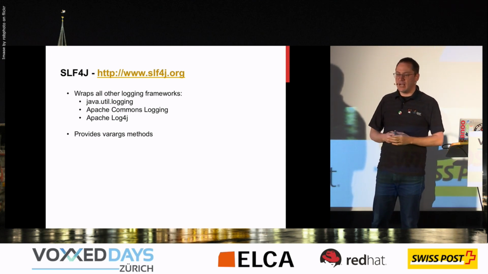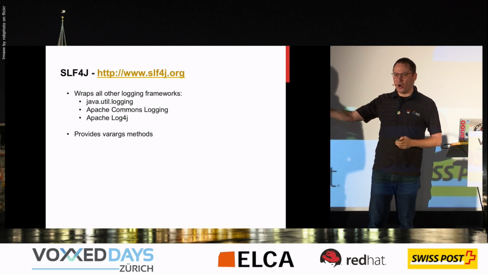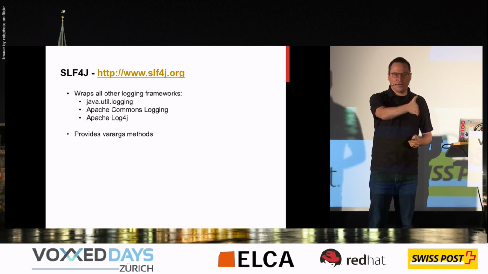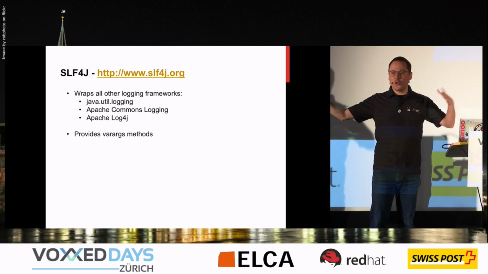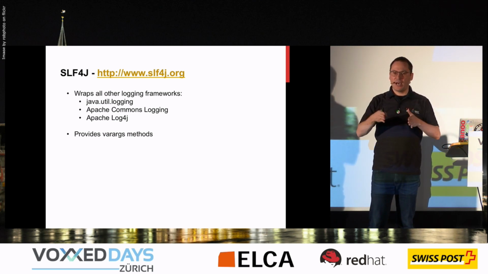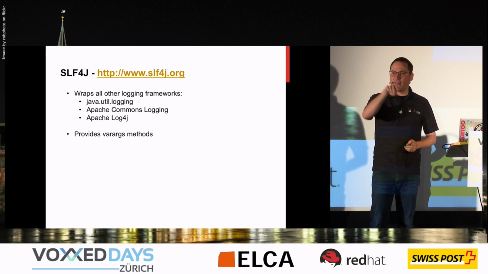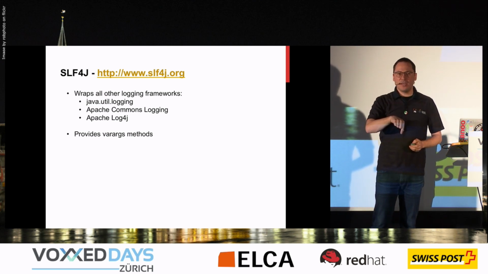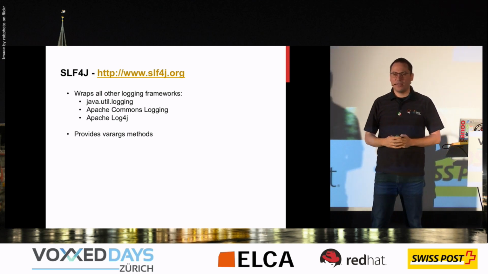One is that if you consume an API that relies on Apache Commons Logging, or Java util logging, or Log4j, or something else, you can funnel all those calls into a single API, the SLF4J API. So you only need one single file to configure the logging levels for everything else. And the second thing is that you have variable arguments for the logging methods.